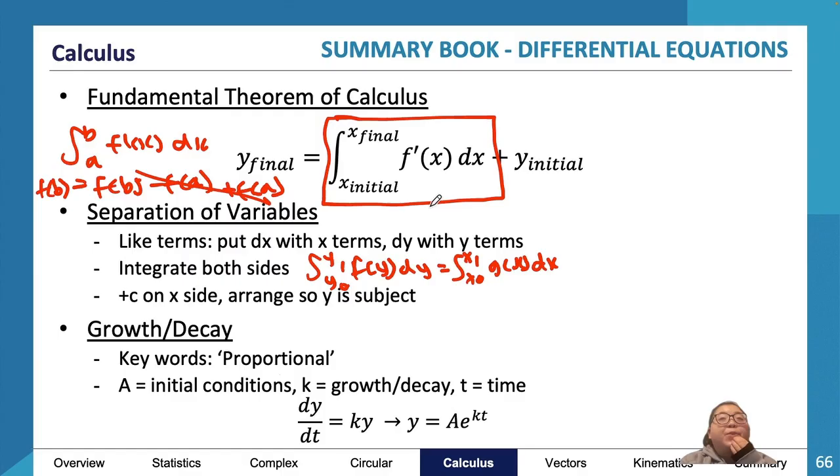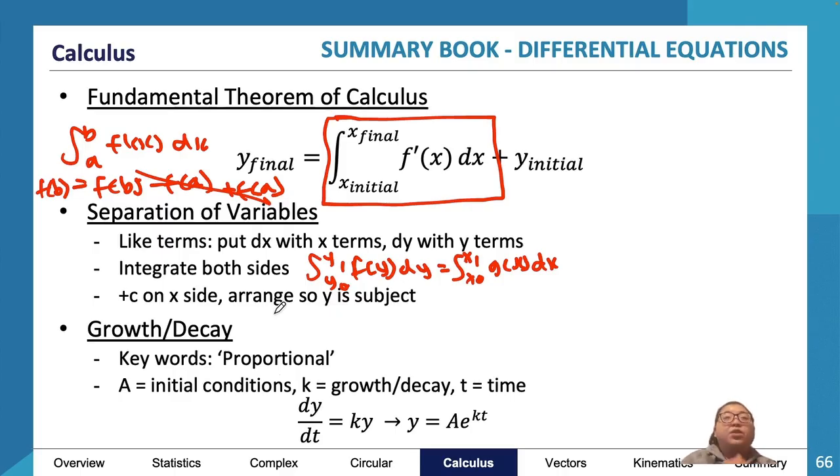And remember, you want to keep all the y's on one side and all the x's on the other. So you'll have to divide the y's across and move the dx onto the other side. Then you put the plus c on the x side, and arrange so y is the subject in most circumstances. Unless you have a relation, like a circle, an ellipse or a hyperbola. In that case, you can probably just keep it in whatever generic form they have.